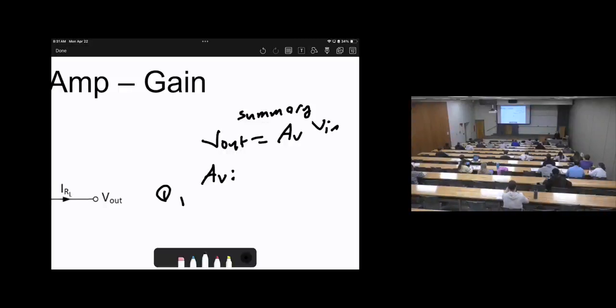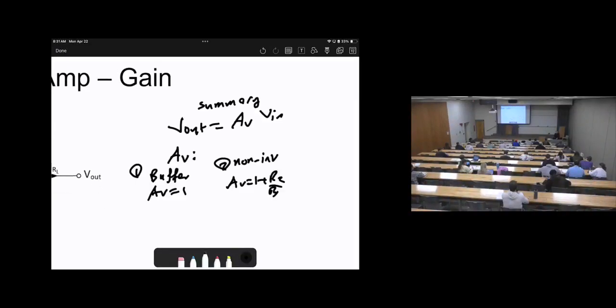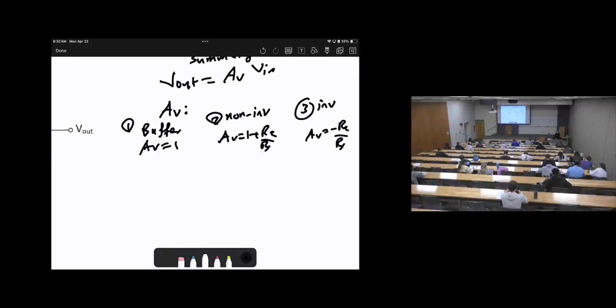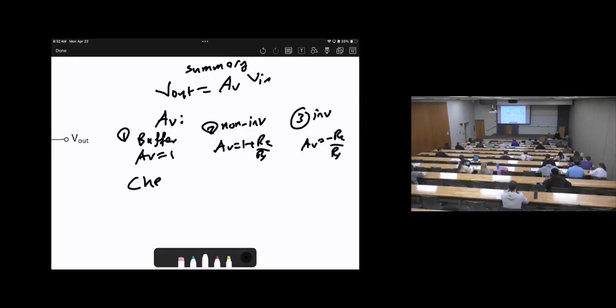If you have a buffer, closed loop gain equals 1. If non-inverting, closed loop gain equals 1 plus R2 over R1. If it is inverting, closed loop gain equals negative R2 over R1. Then, after that, what we will do is basically check saturation.